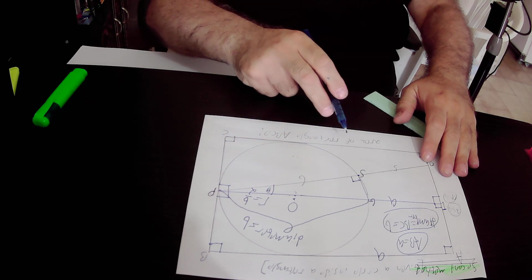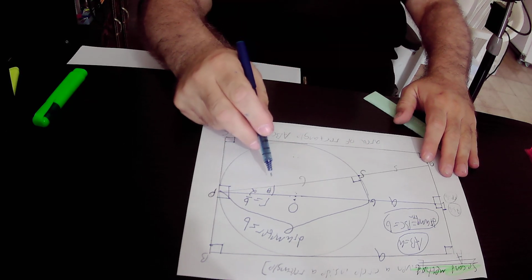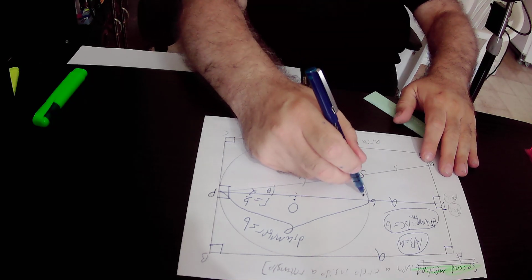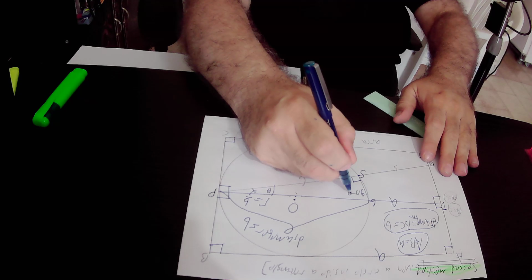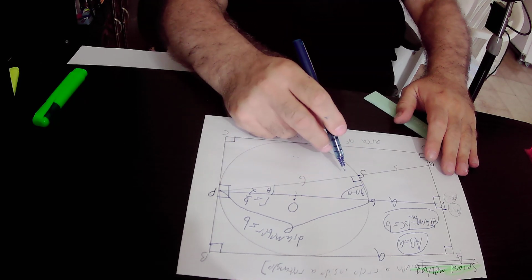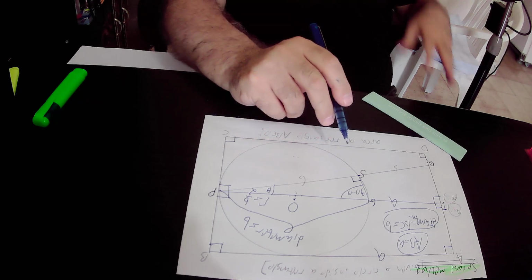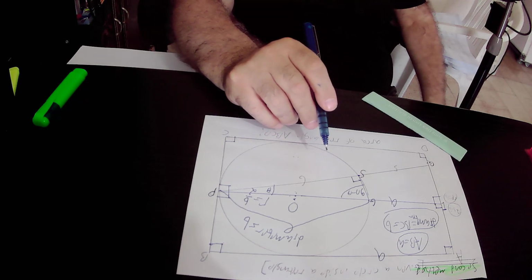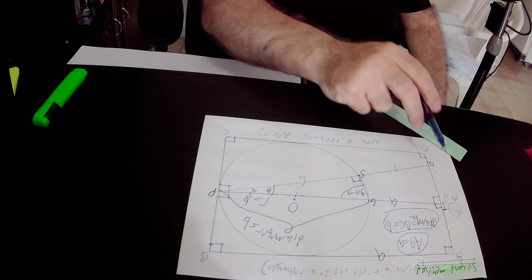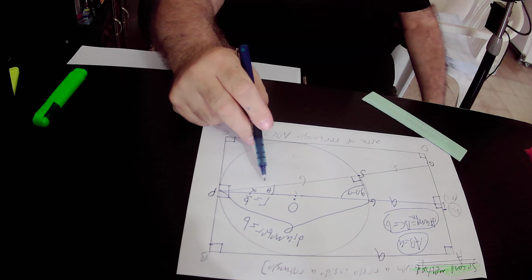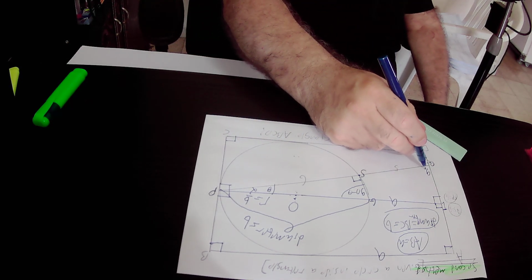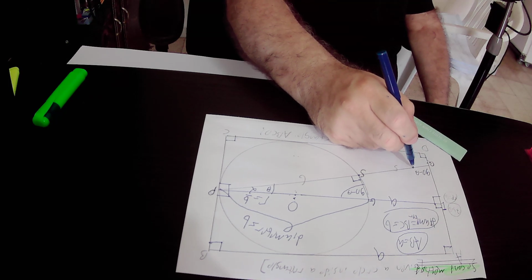So, in the right triangle GSP, this angle equals theta, this angle equals 90 degrees, therefore this angle must be equal to 90 degrees minus theta, because the sum of the angles in any triangle is 180 degrees. Likewise, in the big right triangle, triangle QTP, this angle equals theta, this angle equals 90 degrees, therefore this angle must be equal to 90 degrees minus theta.